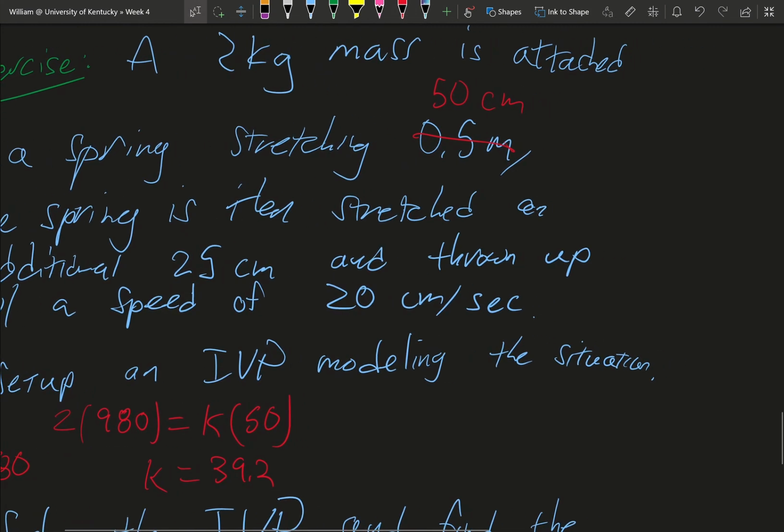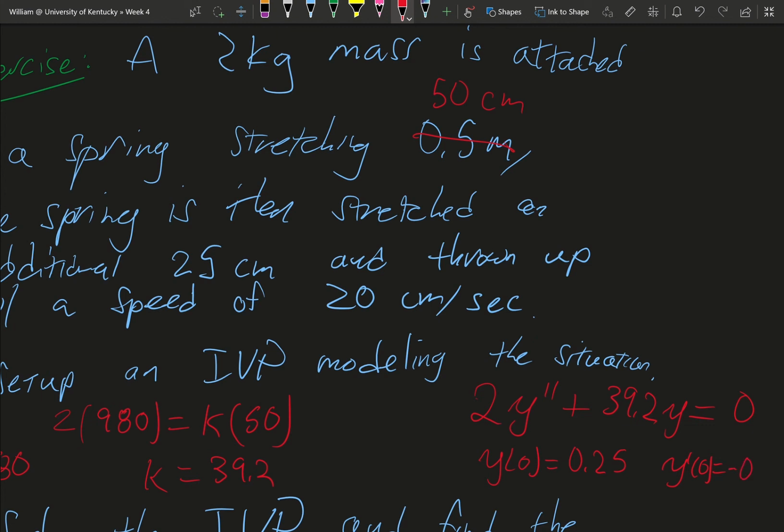Given that, it's pretty straightforward to set up the IVP. We have 2 for our mass times y double prime plus our k, 39.2, times y equals 0. y of 0 equals 0.25, and y prime of 0 equals negative 0.